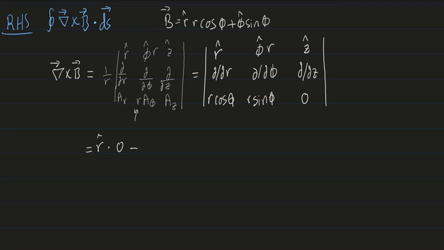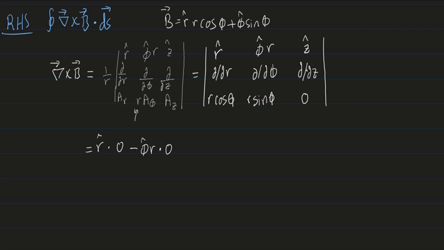And then for the phi hat, don't forget the r in here, so that's phi hat r, multiplied by the partial derivative of 0, that's 0, and the derivative of this component with respect to z, which is also equal to 0. And this kind of makes sense because the vector field is in the r phi plane, and we know that the curl should be normal to the vector field.